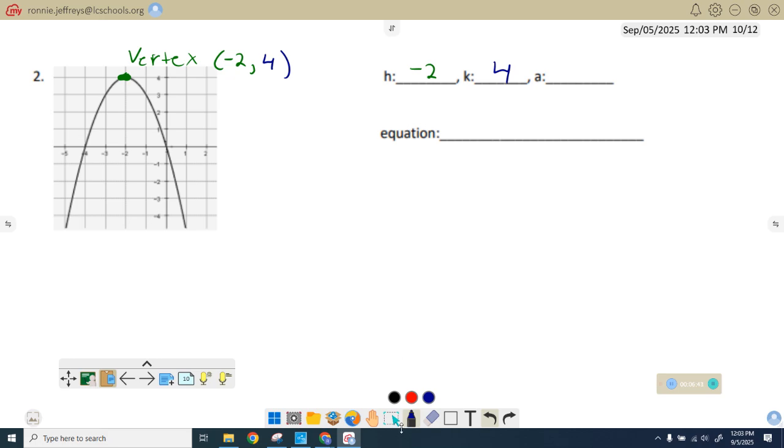Alright, now, notice how I said that we go to the next Y value for our A. If this is 4, okay, that's our Y value. The next Y value, where it touches on this grid, is right here. That number is 3. How did we get from 4 to 3? Minus 1.